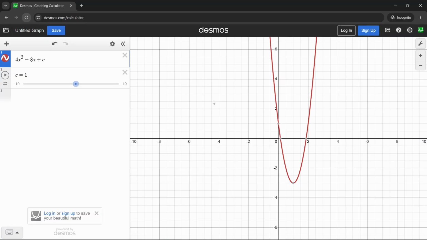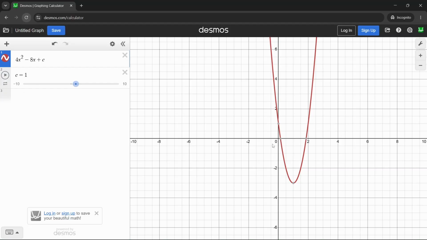It defaults to 1, and you can see when c is 1, this is what the quadratic looks like. You can see that it has an x-intercept here and an x-intercept here. The values right here are not important right now. What we should recognize is, hey, this quadratic has 2 solutions.